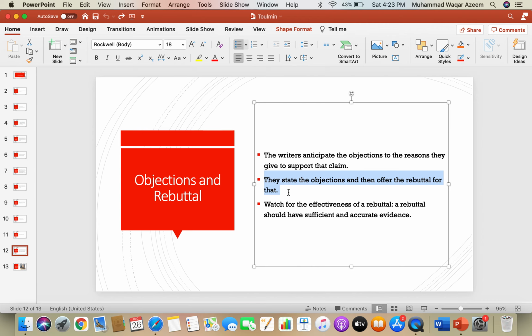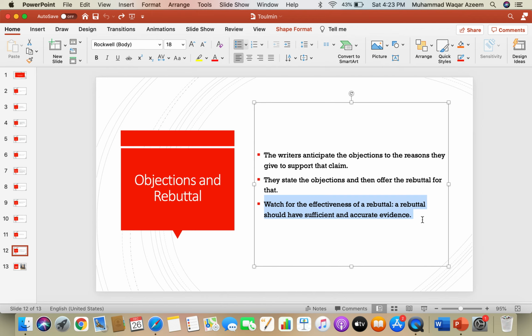So what you should do as a reader is watch for the effectiveness of a rebuttal. A rebuttal should have sufficient and accurate evidence. So don't be pressured by the rebuttal that the writer is giving in his or her own argument. The writer might guess that the reader might have this kind of objection to this argument.